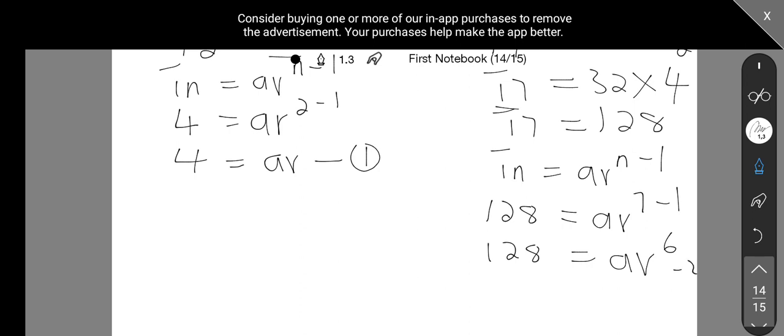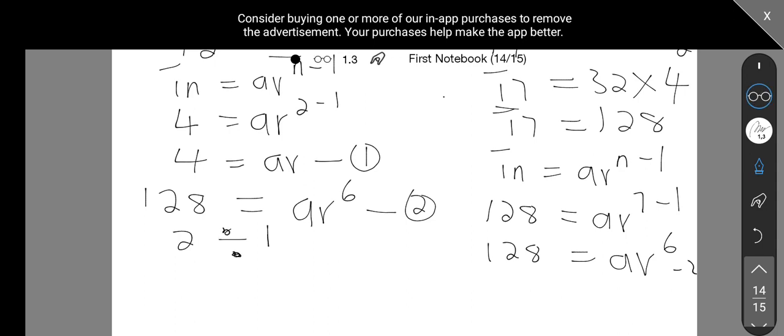Now, it may seem complicated to figure out how we are going to solve this. Let's write equation number 2 just below equation number 1. 128 is equal to ar to the power of 6. But here's something we can do: we can say equation number 2 divided by equation number 1.